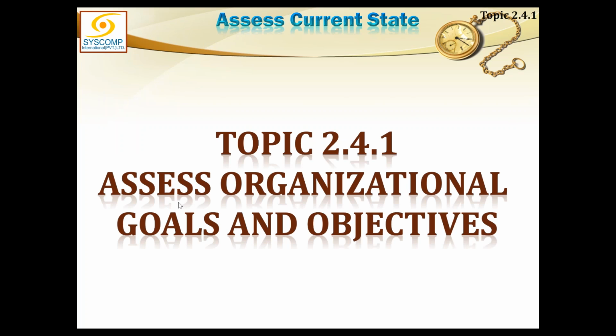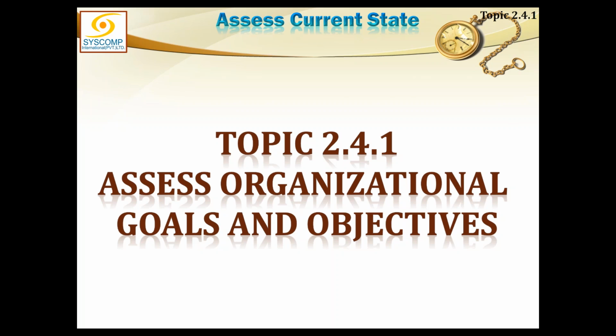After that, once you have captured the current state, you assess the organizational goals and objectives. Business analyst will do it later. Right now, we have started for need assessment. The thorough analysis is going to come later.